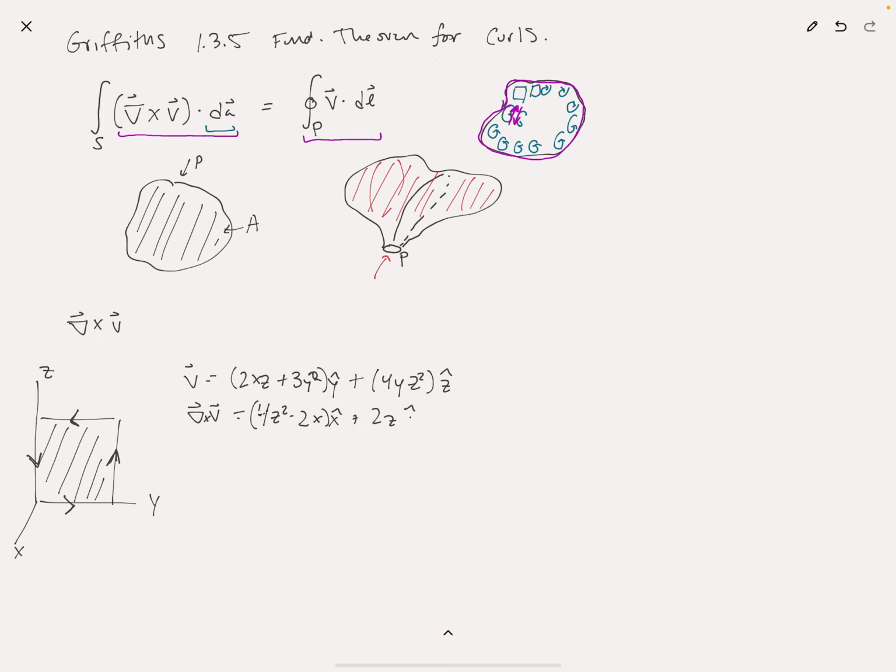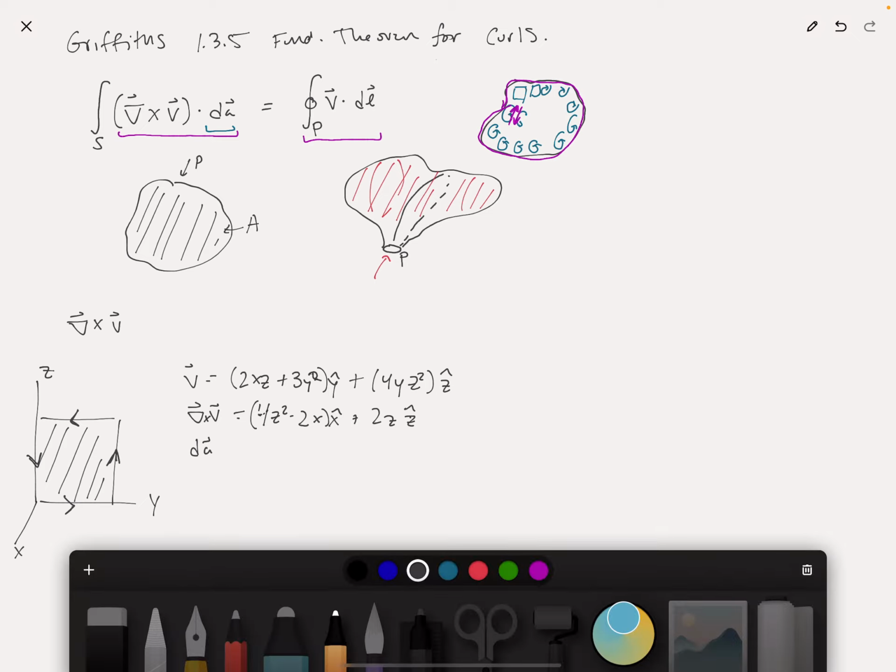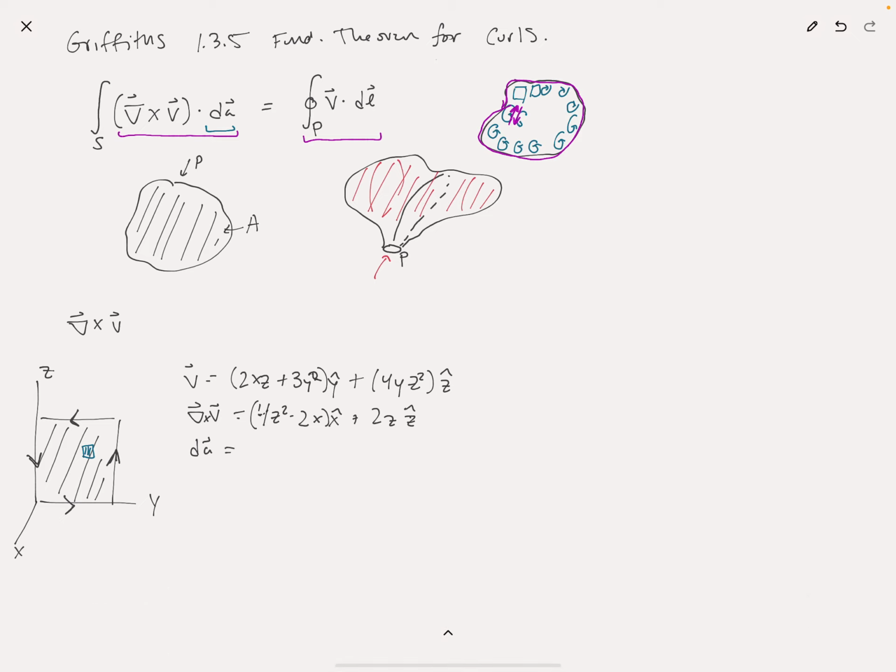And now we need to figure out what our infinitesimal area vector is going to be. I think we can justify the magnitude fairly easily. Since this is a piece of some surface that lives in the yz plane, the magnitude is going to be dy dz.